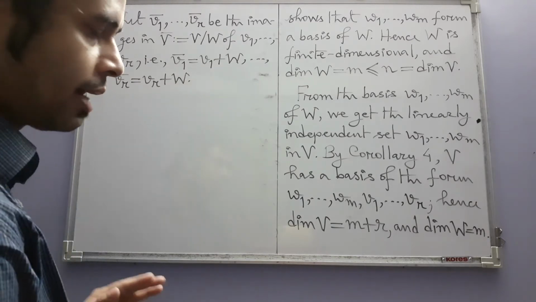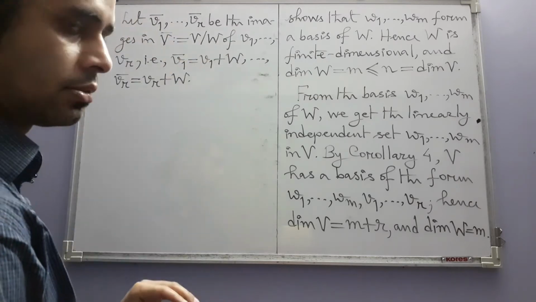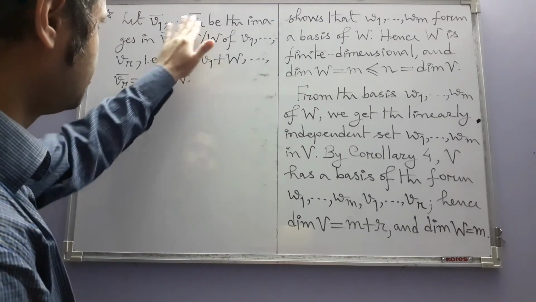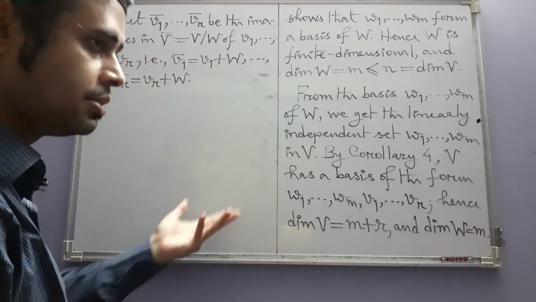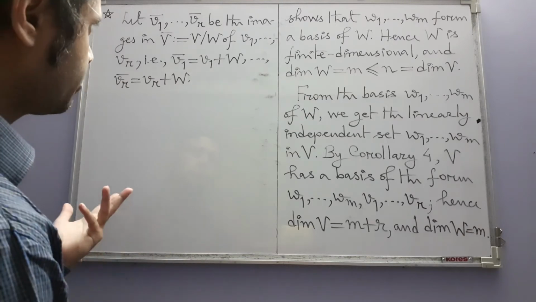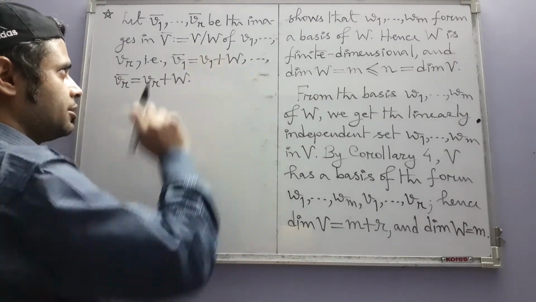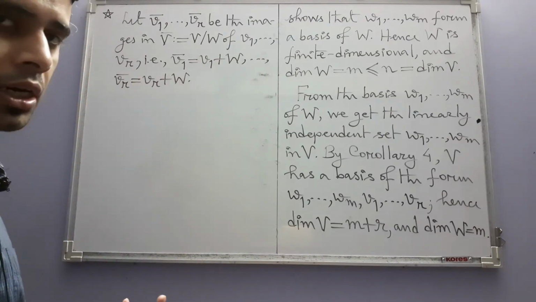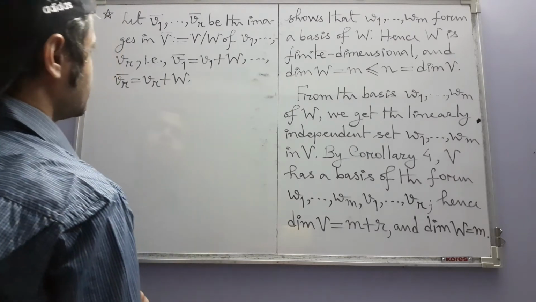Now what we plan to show is that these V bars, which we have already seen are elements in V by W, form a basis of V by W. For that, of course, we have to show these two things, that they span V by W and they are linearly independent over F. So let us show the span first.